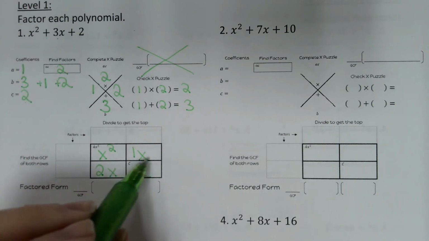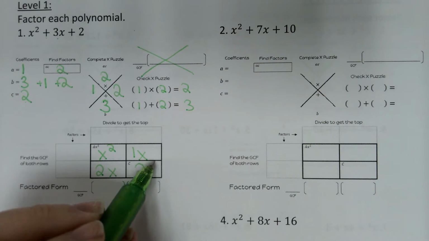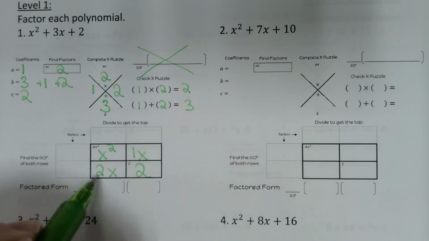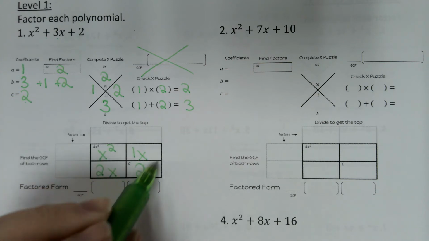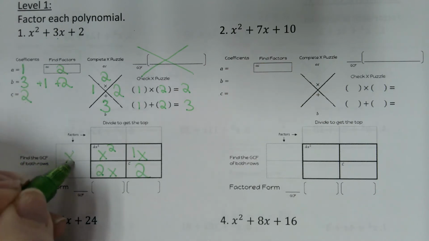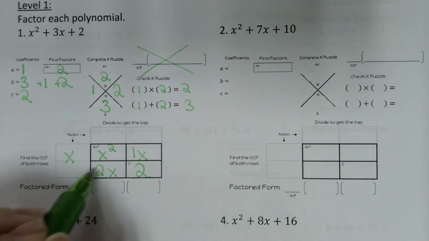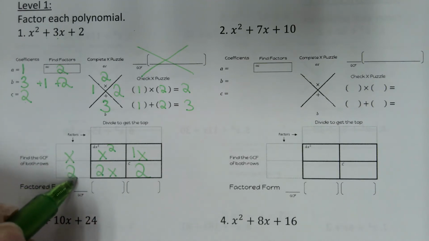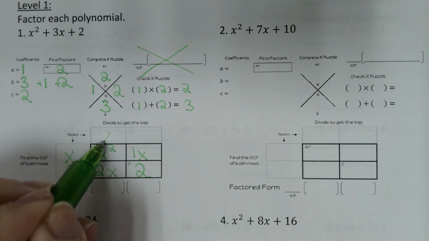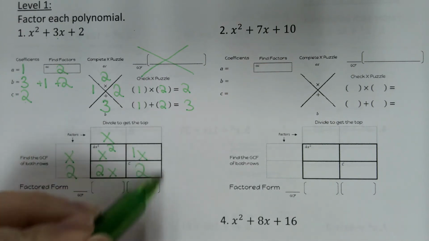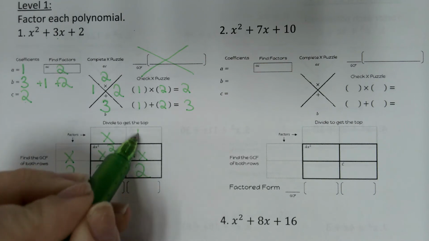Now, the next step is to factor out your GCF from each row and each column. What can come out of the top row? x. What can come out of the bottom row? 2. What can come out of the left side? An x. And what can come out of the right side? Only 1.